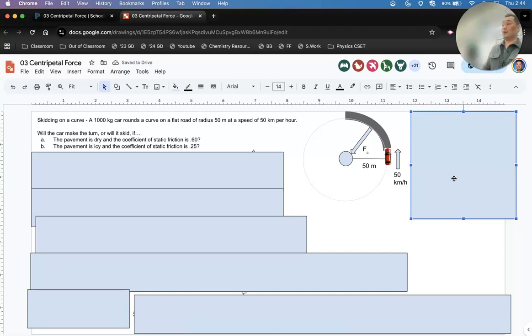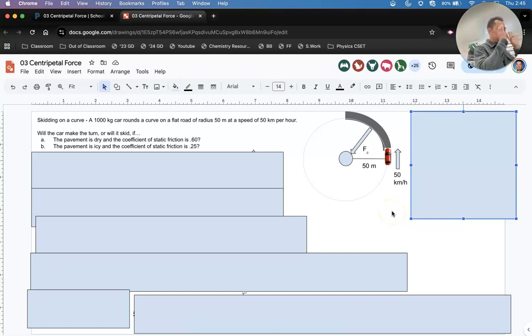It's trying to turn on a road. The car is 50 meters away from the middle of this imaginary circle that the road is part of. And the force needed to keep that car turning is centripetal force, or F sub C.